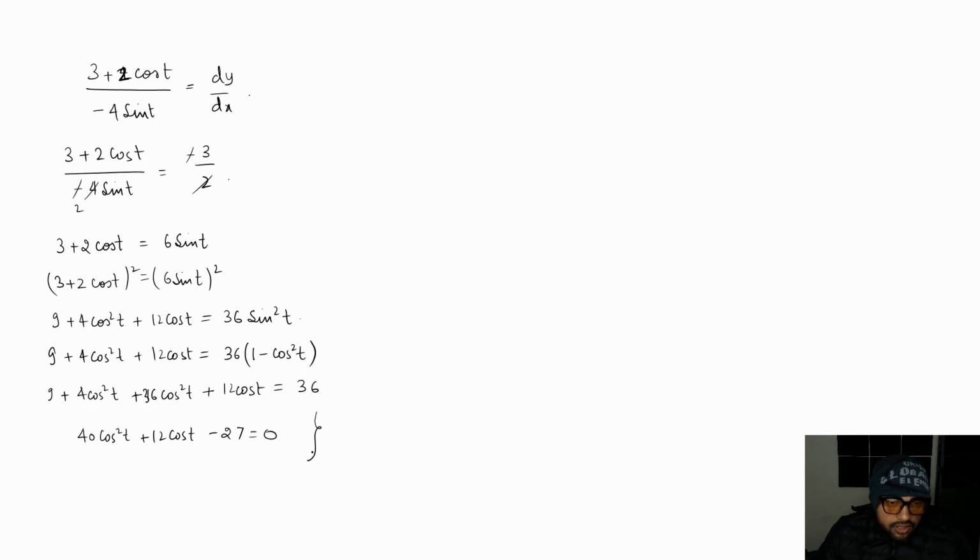Now from here we can see that it is a quadratic equation in cos t. Okay, so if we apply the quadratic formula, it is negative b plus or minus the square root of b square minus 4ac, upon 2a. So we'll be applying this quadratic formula here.